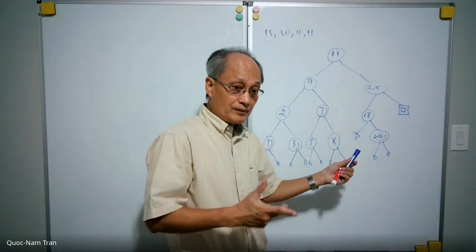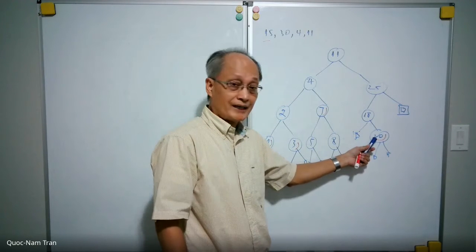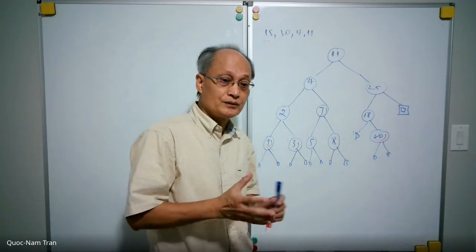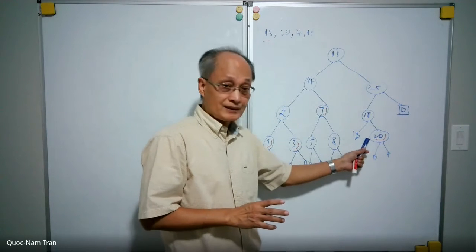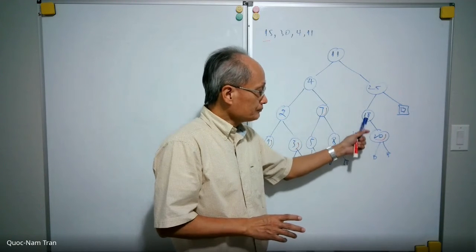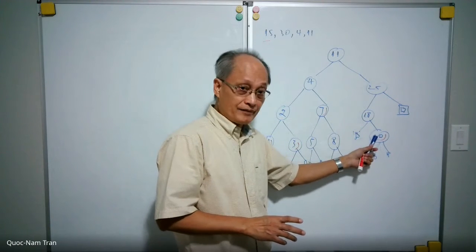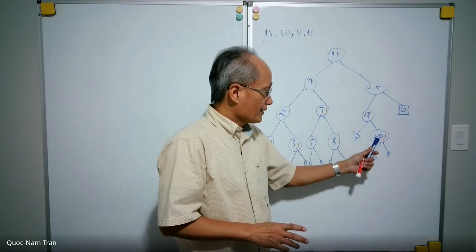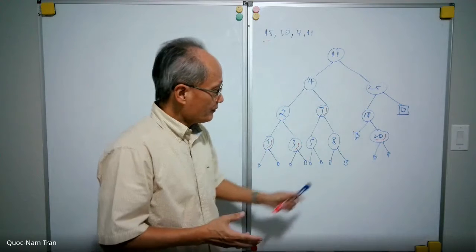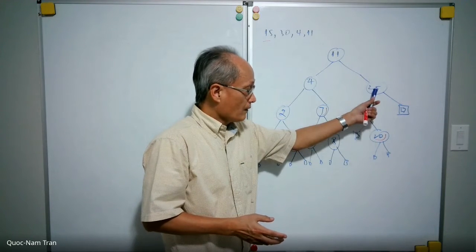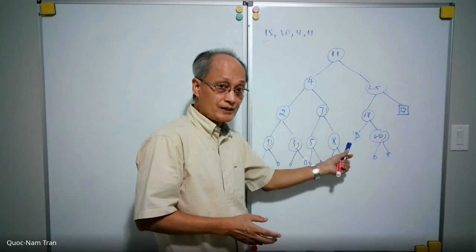If one of the nephews is red, then we will be able to correct the situation. Actually, one of the nephews here is red. The only problem we have with this situation is that the red node is not on the leftmost branch.